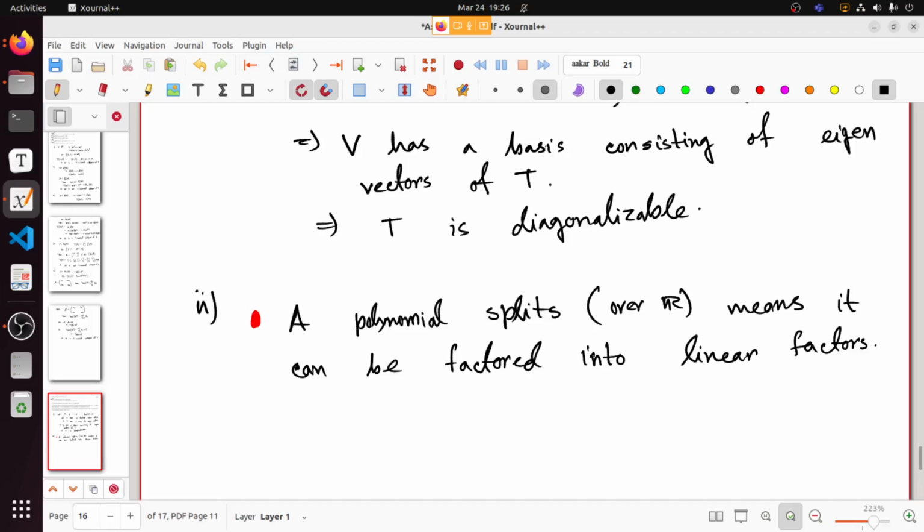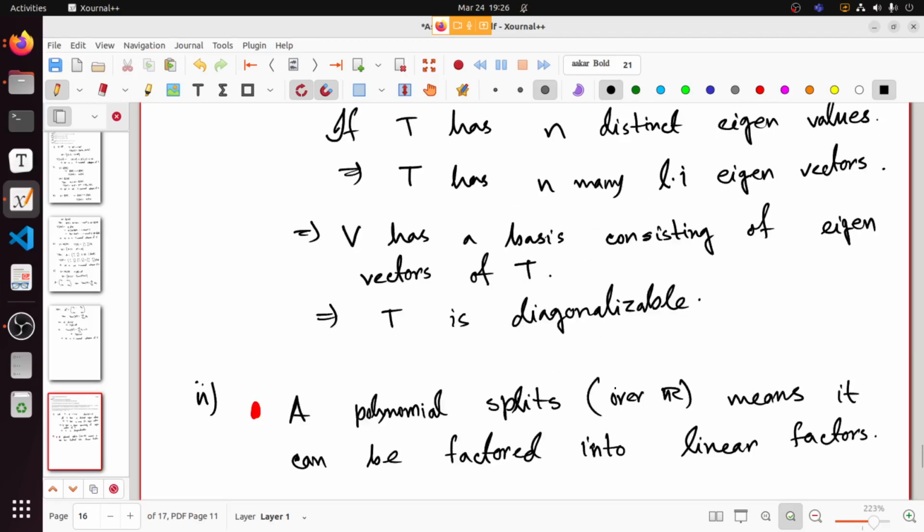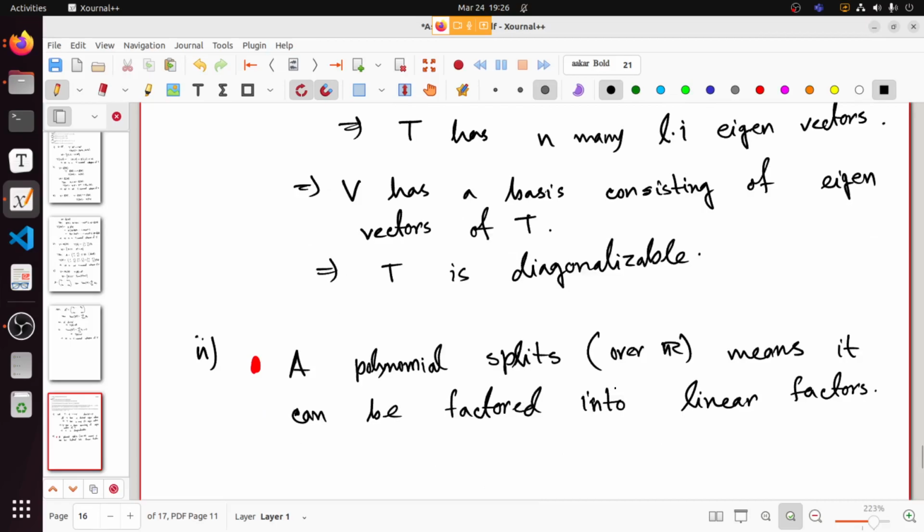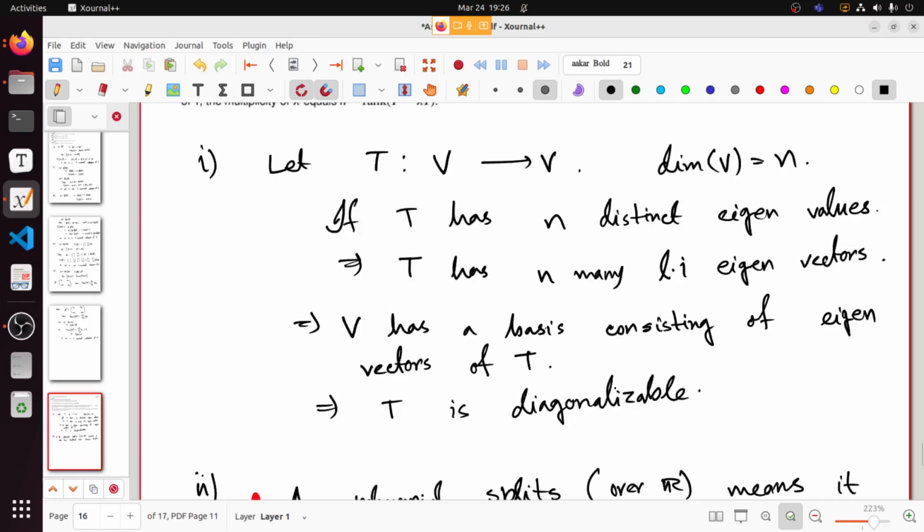What are linear factors? Degree 1 polynomials, right? So a polynomial splits means it can be written as a product of linear polynomials.